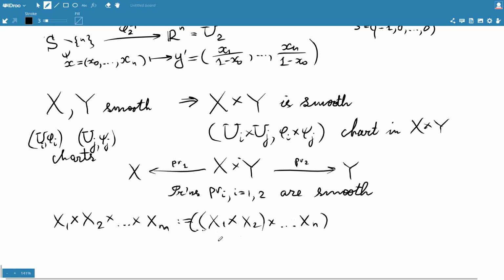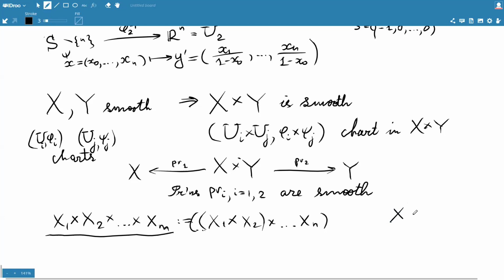So you may change brackets in whichever way you want. And after all, we just omit all the brackets and write this without brackets.